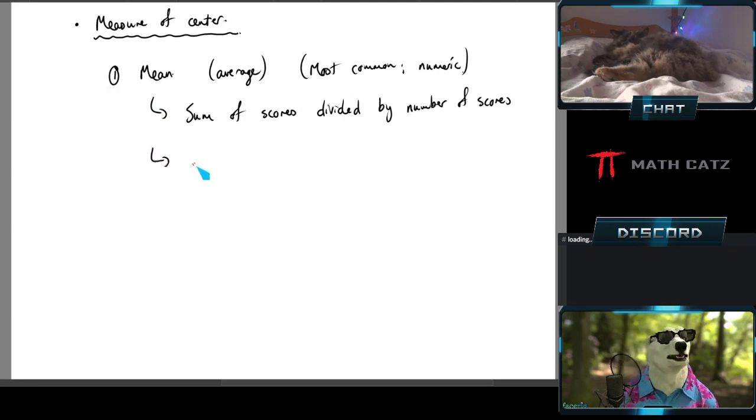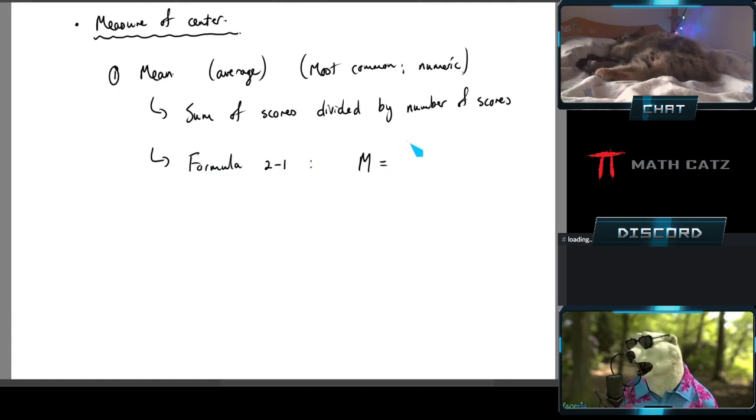What the symbols represent. So that Formula 2.1 is the mean, which we will represent by the letter M. We have this capital sigma. Mine looks a little curvy. Let's make it Greek-like, which is our symbol to say we're adding up all the X scores divided by how many there are.